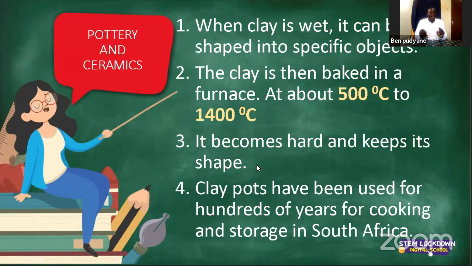You can make any shape. Like Bostik, I just don't have it now, but it's slippery like this thing I'm having here. This is not real clay, but I'm just showing you that you can flatten it and make any shape when it is still wet.